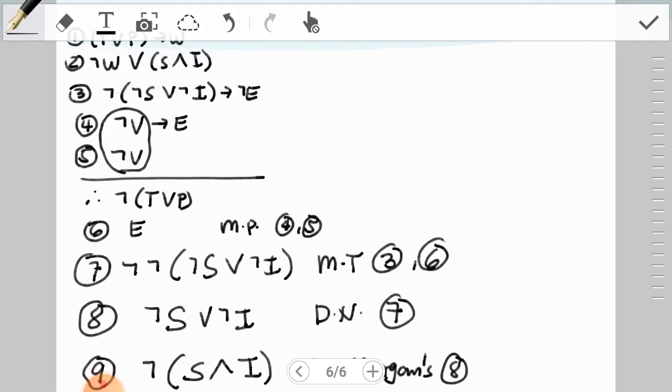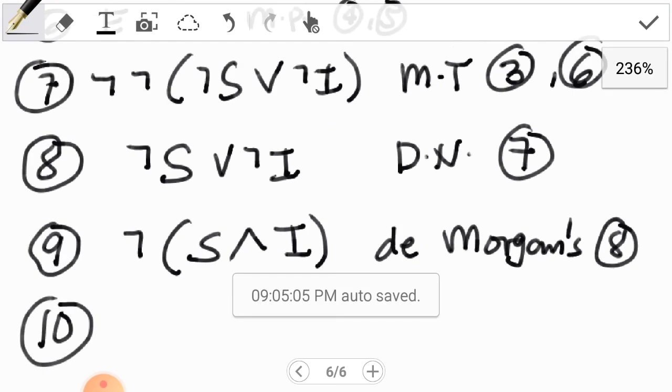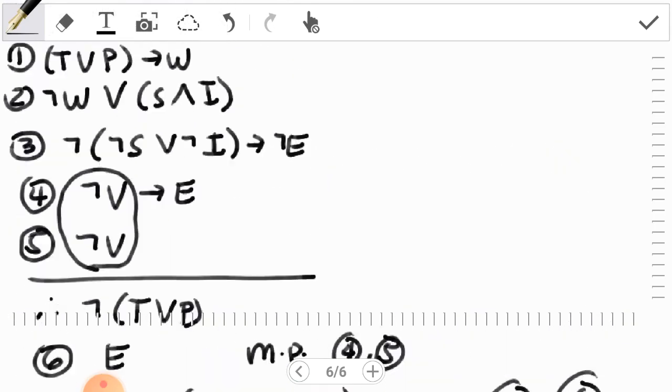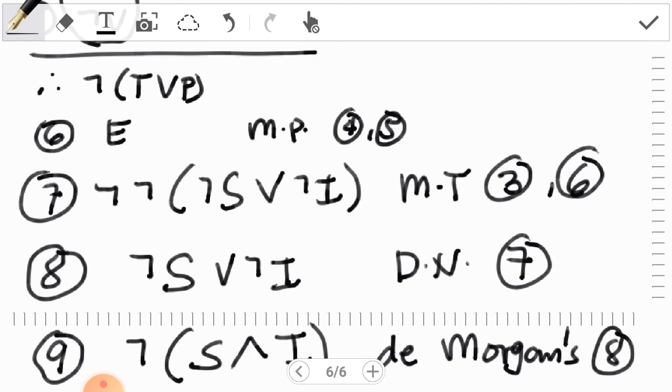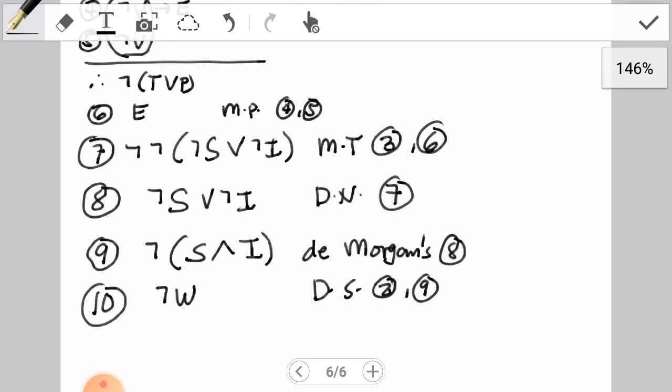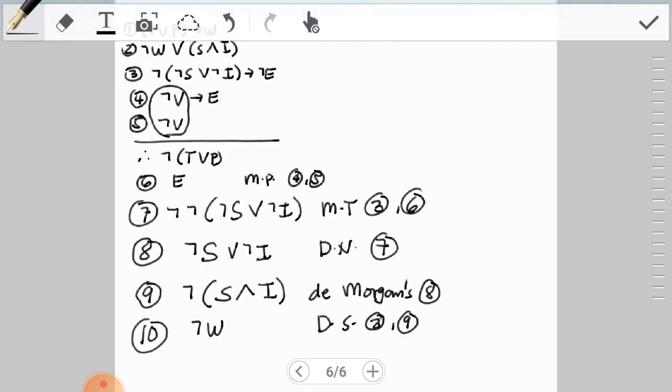So, our conclusion here, or our next line here, must be not W. This is using disjunctive syllogism of line number 2 and line number 9. So that leaves us not W.